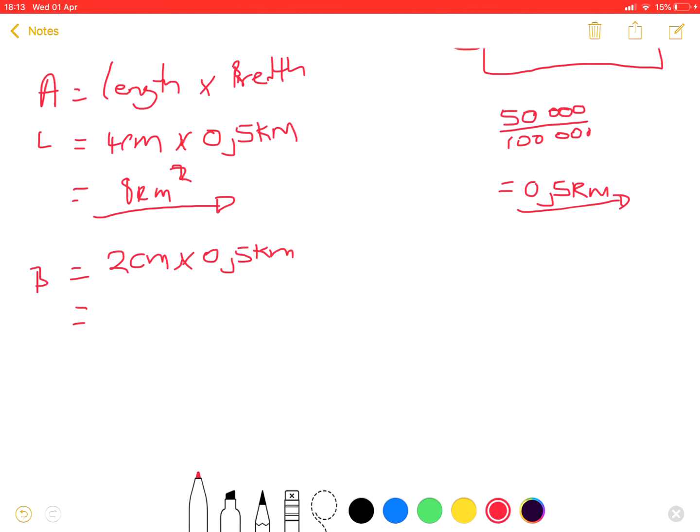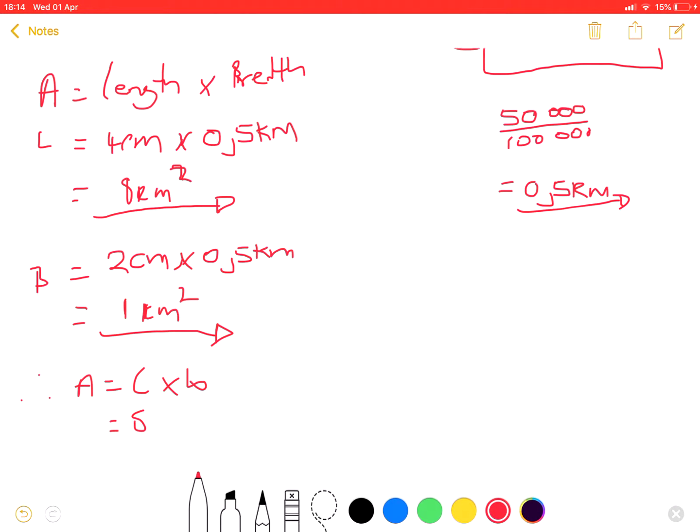Now, let us calculate again our breadth. So our breadth is going to be 2 centimeters multiplied by 0.5 kilometers. And then we are going to get 1 kilometer squared, because we are calculating an area. So now our final answer for this calculation, our area equals L times B. What is our length?